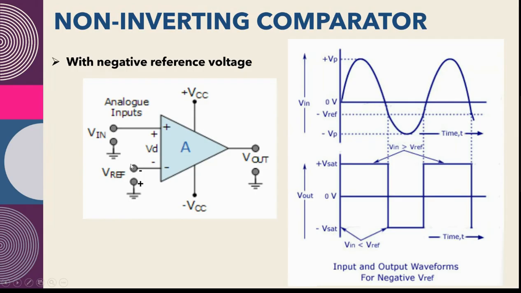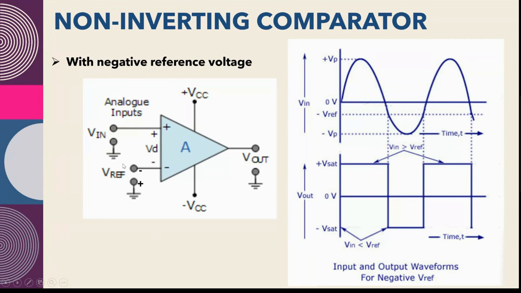If we give it at the inverting input, it is called an inverting comparator. If we give the input signal which we have to compare at the non-inverting input, then it is a non-inverting comparator.